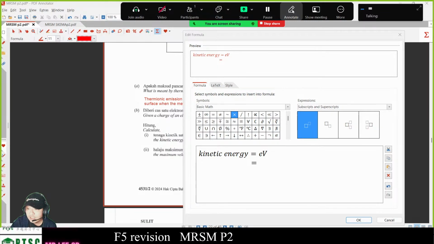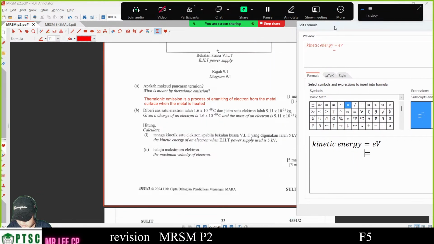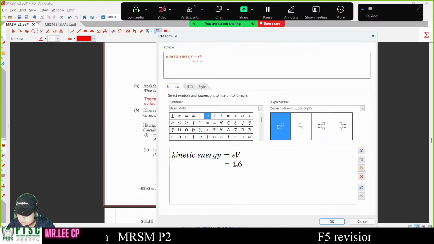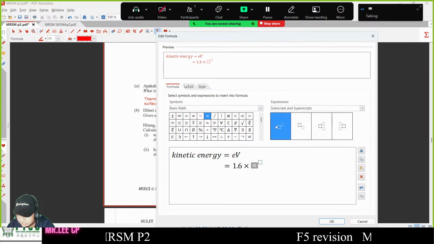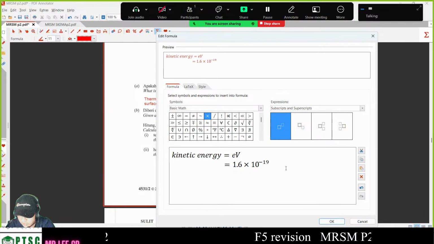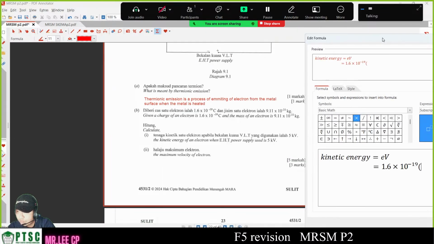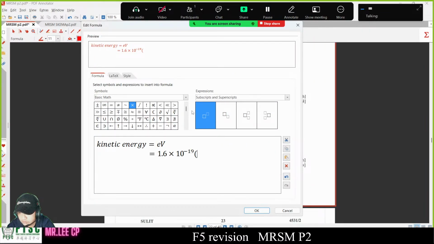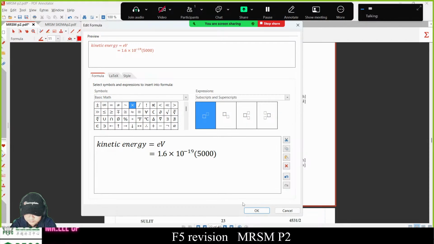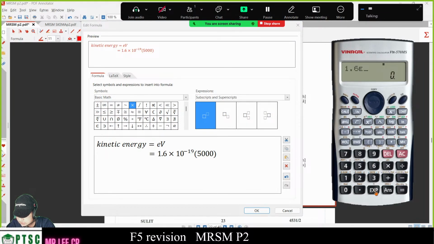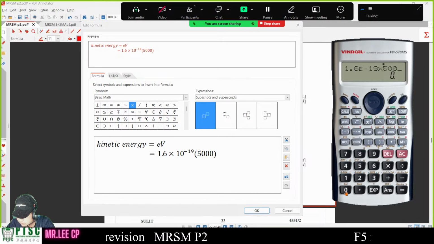Okay, e is 1.6, they gave you the electron charge: 1.6 times 10 to the power of negative 19. V is 5 kilovolt, so you put in 5,000. On the calculator, 1.6 exponent negative 19 times 5,000.